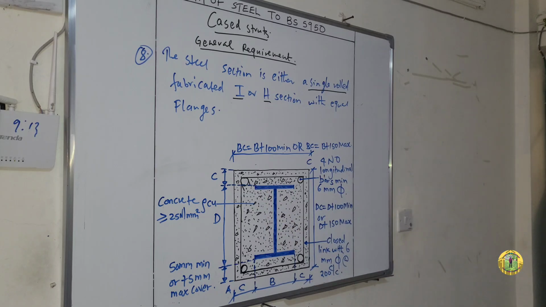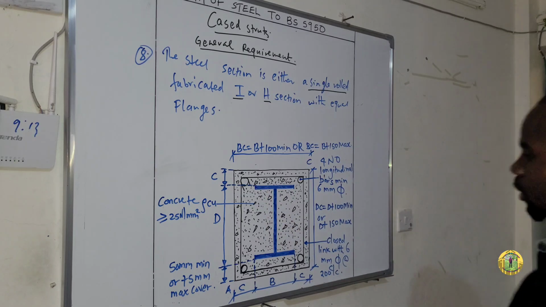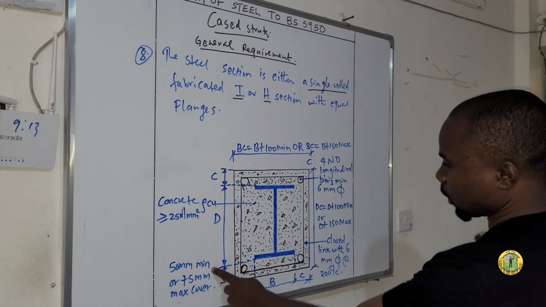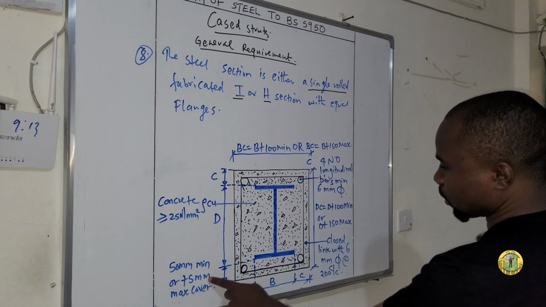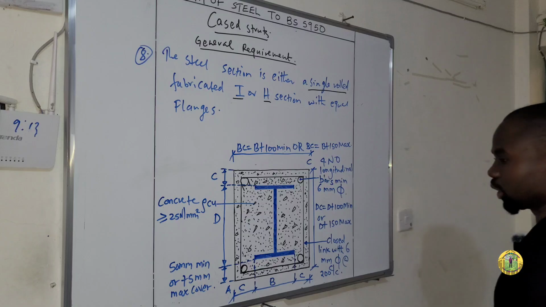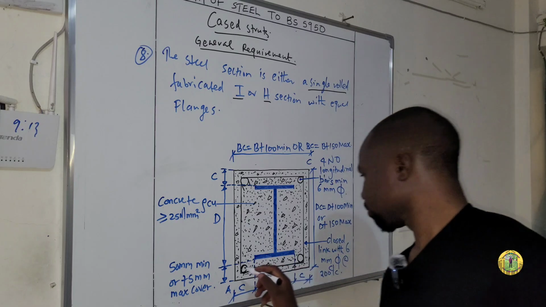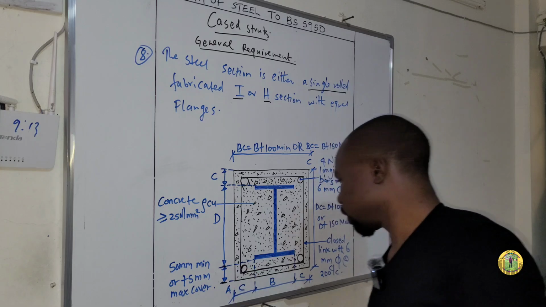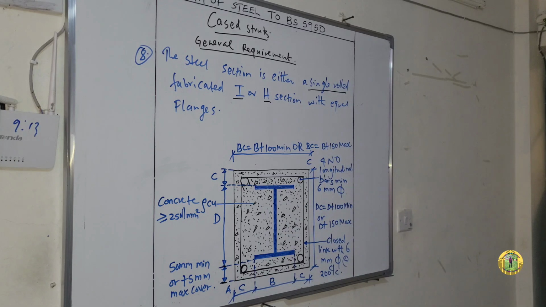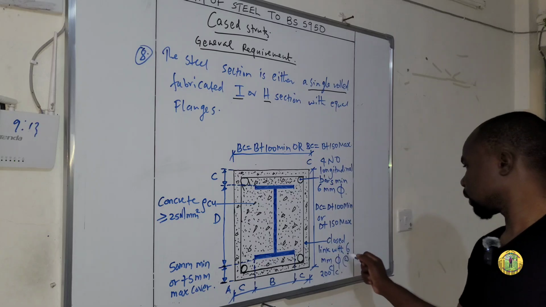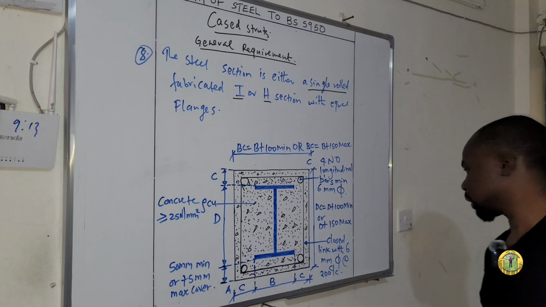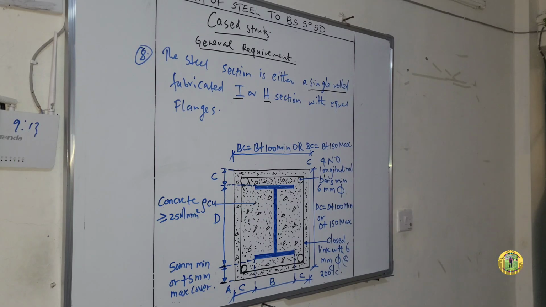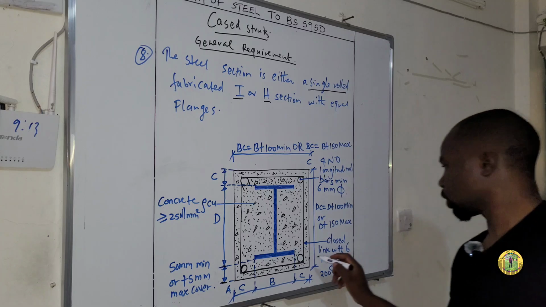Again, the minimum cover is 50 millimeter, and the maximum cover is 75 millimeter. This distance is for cover, and then we have the closed link with 6 millimeter diameter at 200 millimeter center to center.